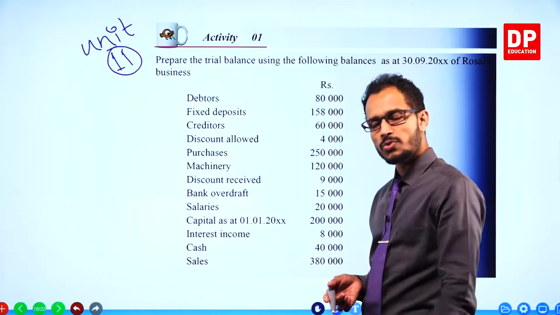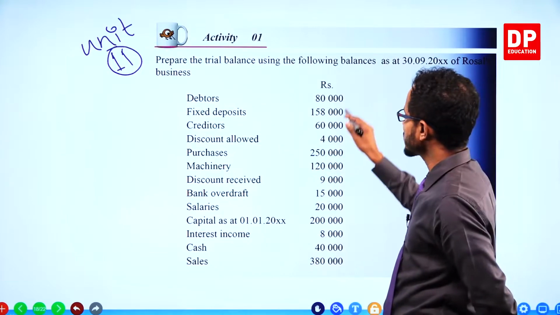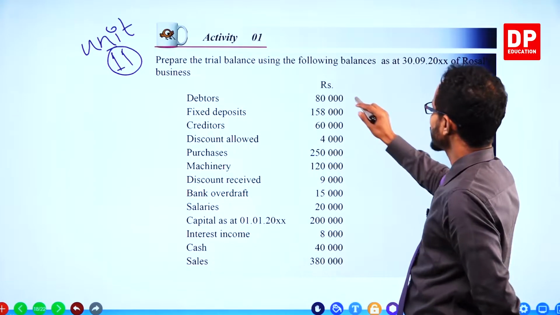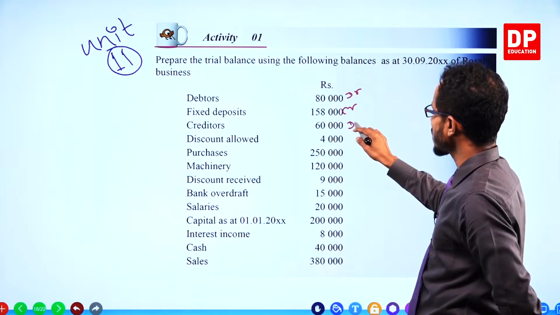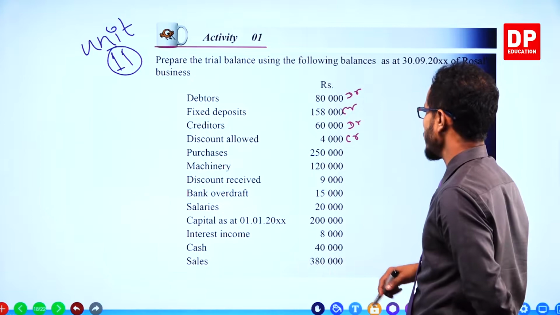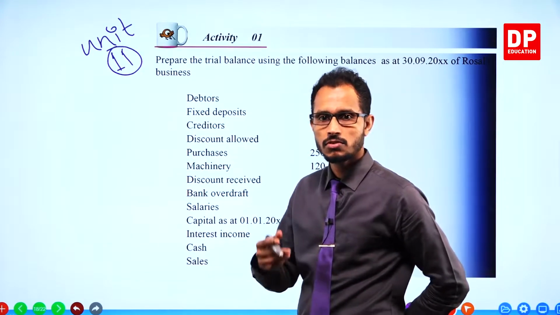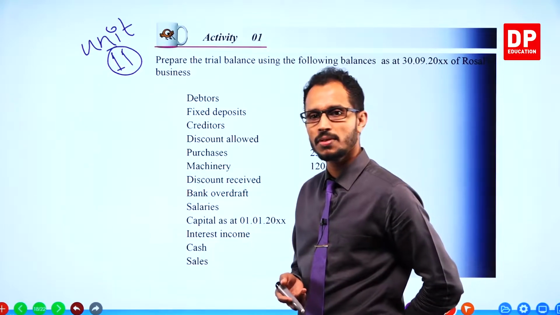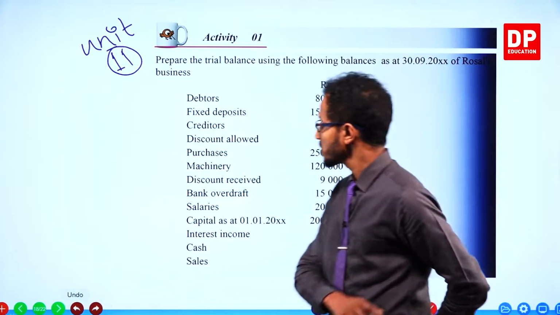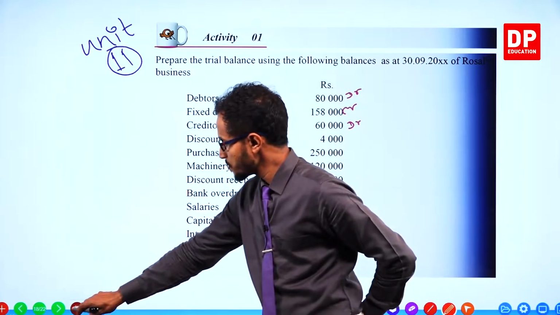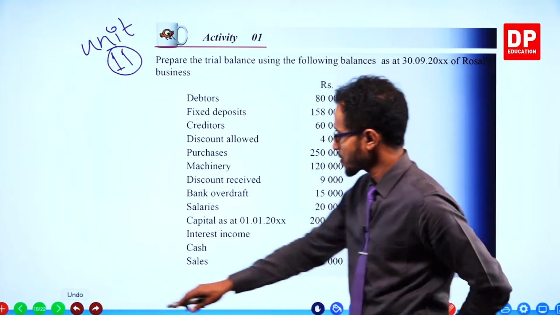Is there a way to remember which ledger balances are debited and which ledger balances are credited? Of course, I gave you a simple, easy method to remember which balances should be debited and which balances should be credited. What is that method?